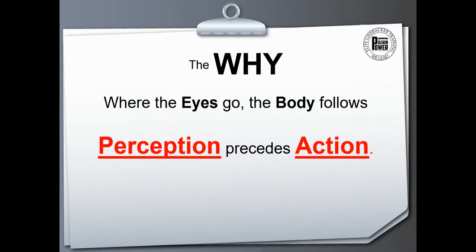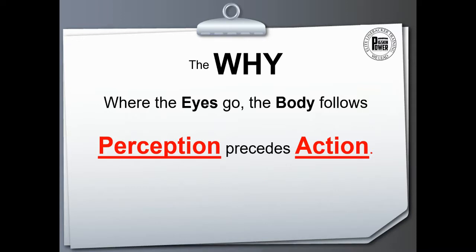Okay, as I've talked about previously in this video and in other videos, perception precedes action. I can't take proper action unless I have proper perception. So again, our job as coaches is to teach our players how to perceive what the offense is attacking, so that we can take the proper action.